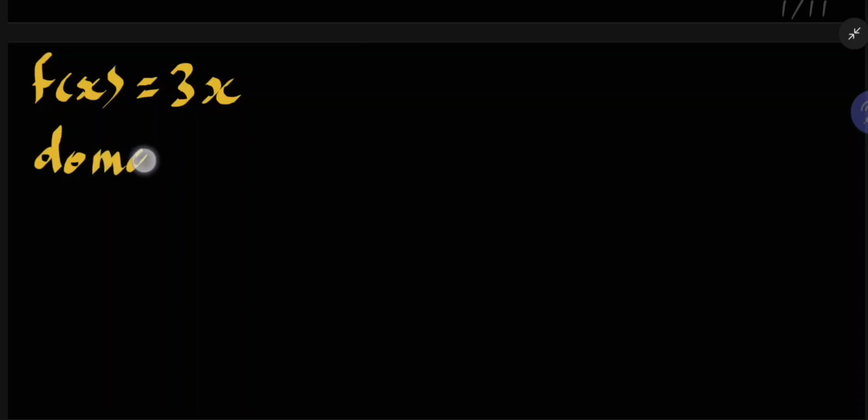So there's really a fancy name for all possible inputs of any function. Let's still use f of x equals 3x. For this function, you can use every real number, every negative number, 0, and every positive number, and this function will surely give us an output. So the fancy name for every possible number we can use as an input is domain.